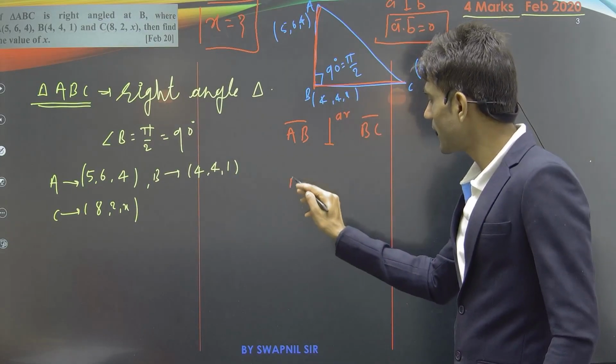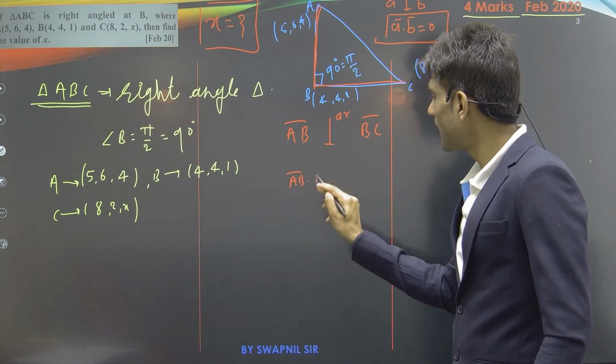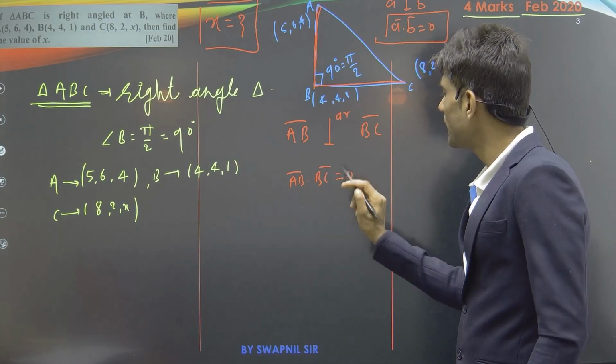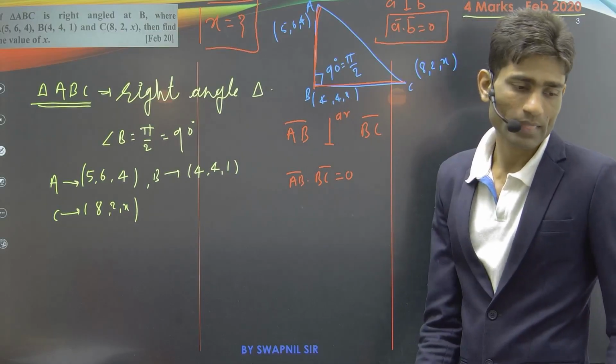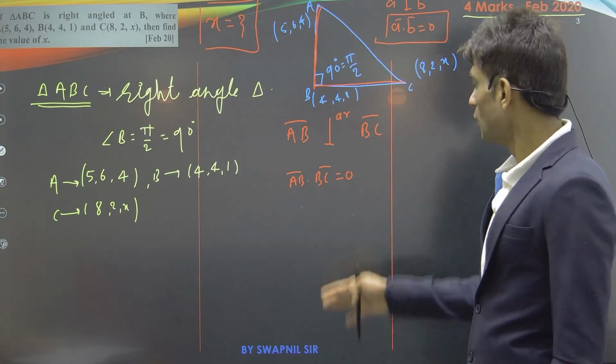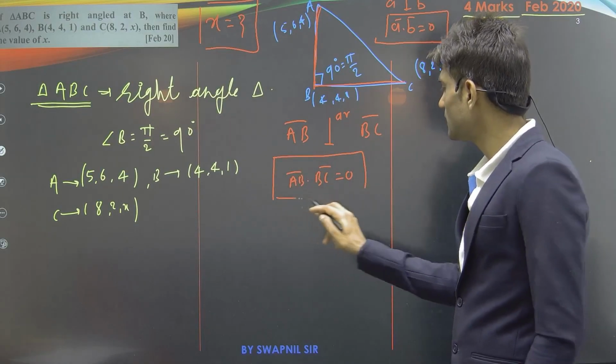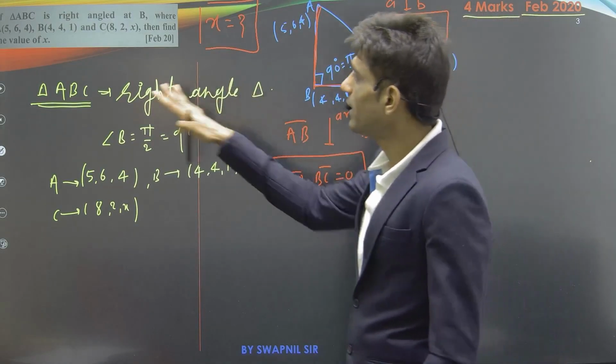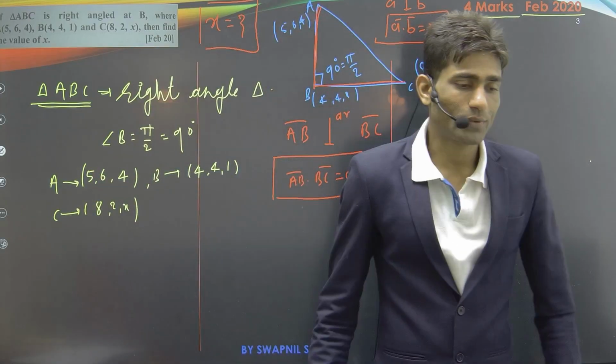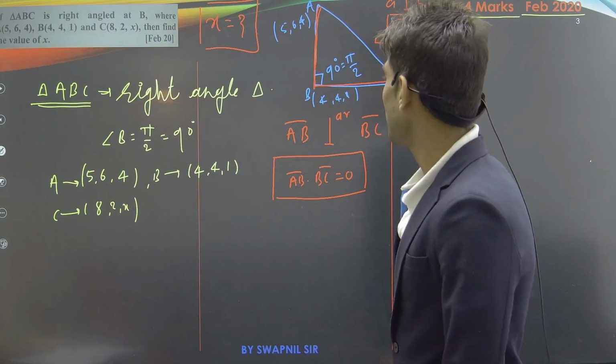That means vector AB bar is perpendicular to vector BC bar, so when we take their dot product, we get 0. Using this condition, we can easily find the value for x.